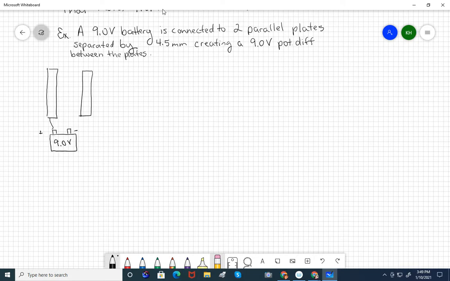We take the positive terminal and connect it to one plate, and the negative terminal and connect it to the other. This plate will become positively charged. This plate will be negatively charged. I want to label these A and B. I could say something like plate A has, how do I want to say this?